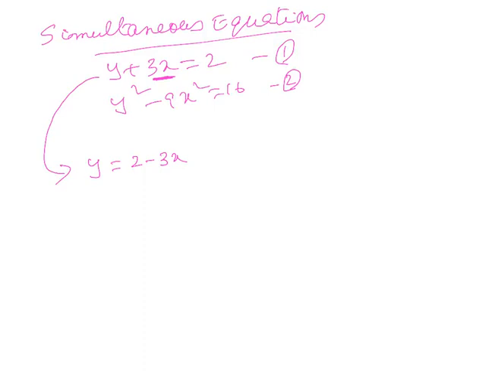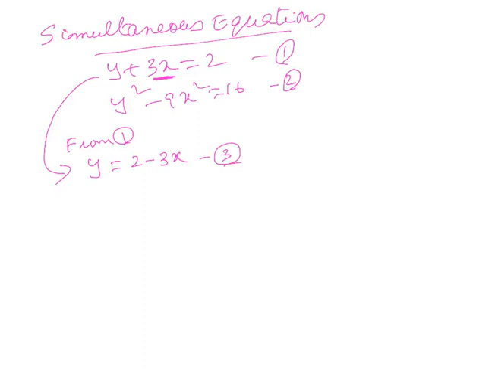In other words, we are more comfortable without fractions. Therefore, try to have equations such that we don't have fractions. Sometimes it may not be possible, but try wherever possible. So from 1, I make y the subject of the formula. I'm trying to avoid making x the subject. What I'll do now, I got y is equal to 2 minus 3x.